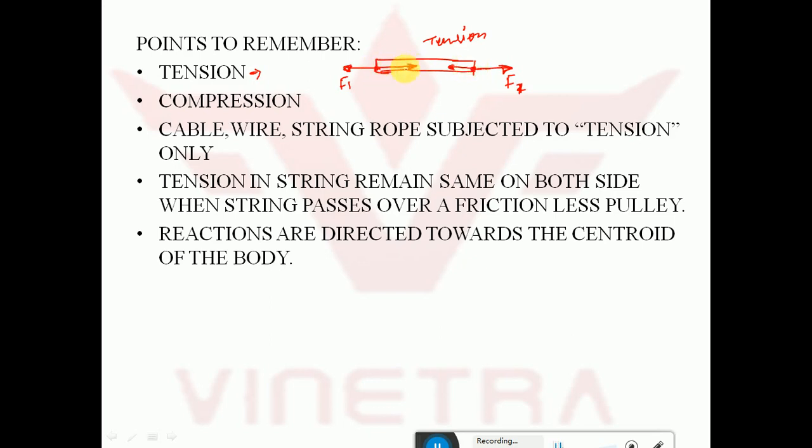Then the body is said to be in tension. So remember, if the body is subjected to external forces and the reaction developed in the body is away from the point of application of force, then the body is said to be in tension.